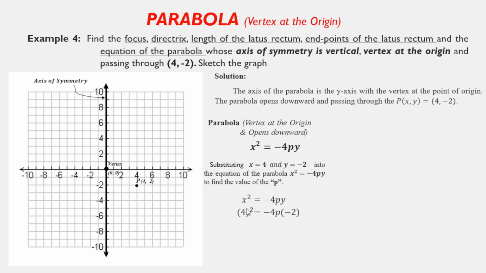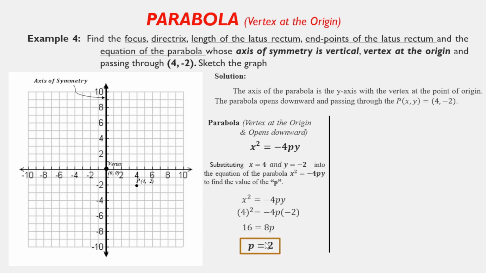So we have 4 squared is equal to negative 4p times negative 2. Simplifying further, 4 squared is equal to 16, and negative 4 times negative 2 is equal to positive 8. In order to find the value of p, let us divide both sides by 8.